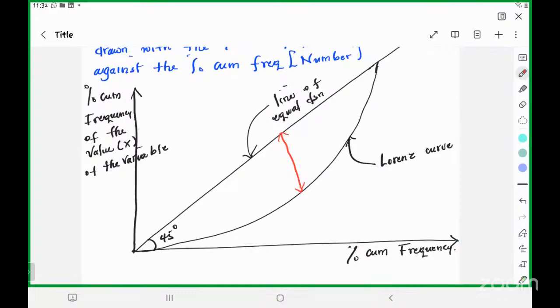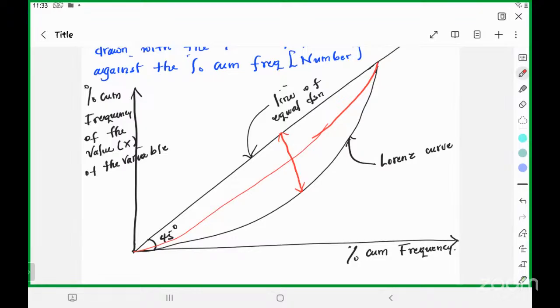If you can follow the red, where the red line represents the Lorenz curve, and the black one, there's a bigger disparity. With the red one, the incomes are almost evenly distributed. So the farther the Lorenz curve is from the line of equal distribution, the bigger the disparities of the incomes.